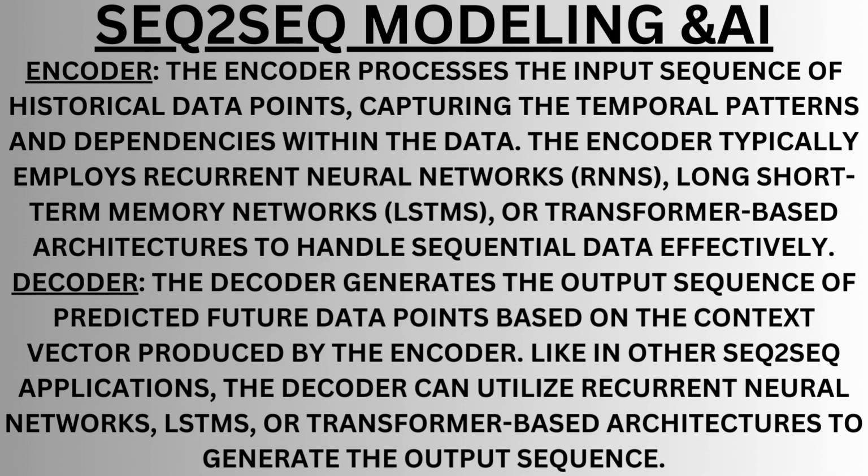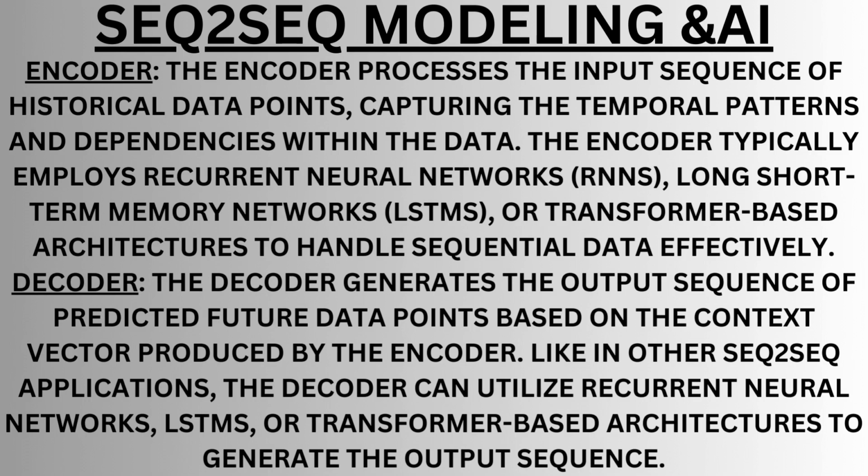Encoder. The encoder processes the input sequence of historical data points, capturing the temporal patterns and dependencies within the data. The encoder typically employs recurrent neural networks (RNNs), long short-term memory networks (LSTMs), or transformer-based architectures to handle sequential data effectively.